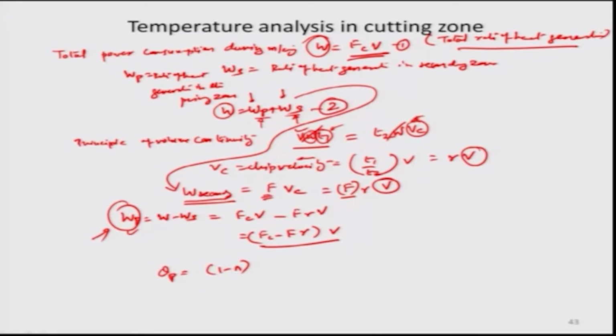So 1 minus that is basically the amount of primary power that escapes into the chip, divided by the mass rate of flow, which is the density of the material times the cutting velocity times T1W, which is the rate of volume removal of the material. So this is the mass rate of removal of the material times the specific heat capacity. Okay, so Q equal to mCT, as you know.